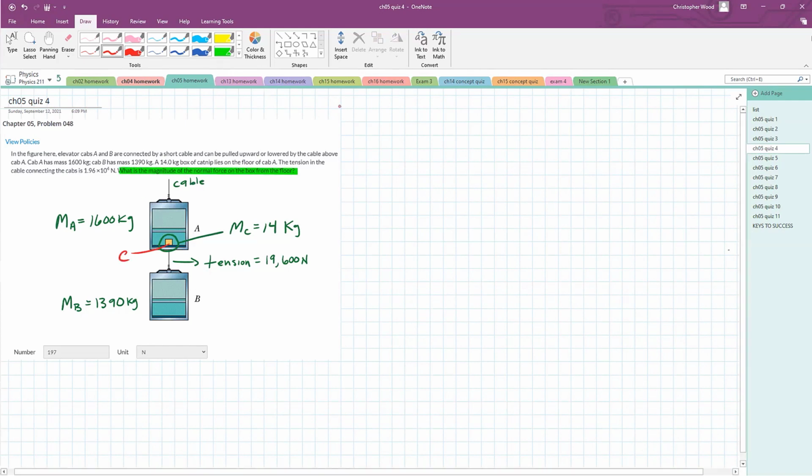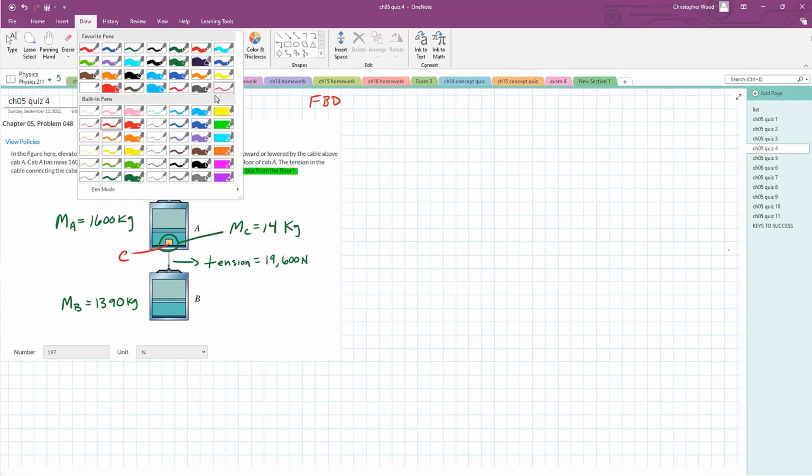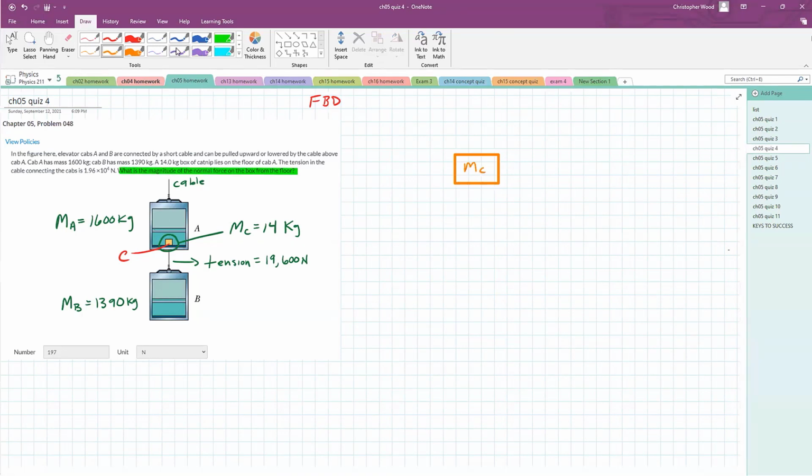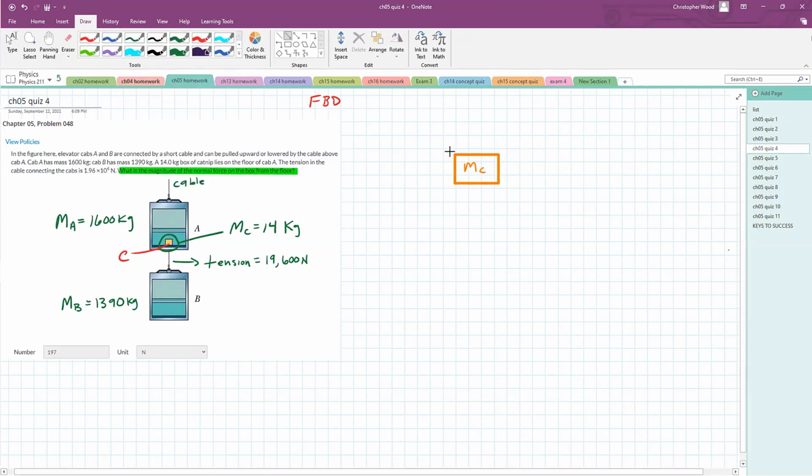So let's do the recipe items. Job number 1, free body diagram. So I'm going to draw the catnip. Here's the box of catnip. That's M subscript C. Free body diagram means I have to do my normal force. Here's the normal force.